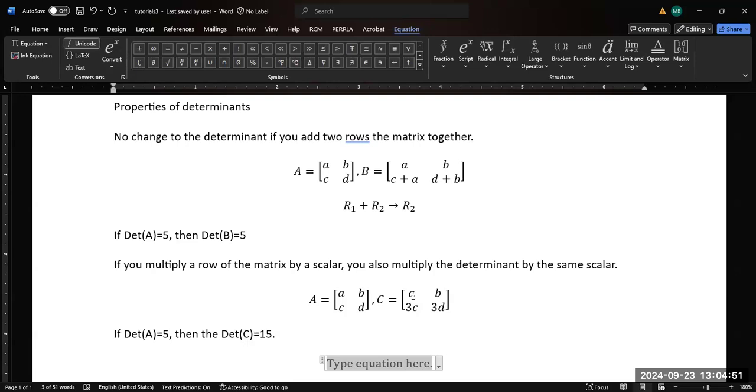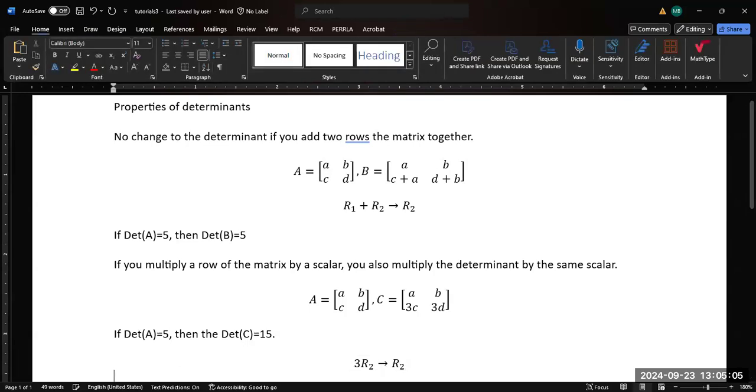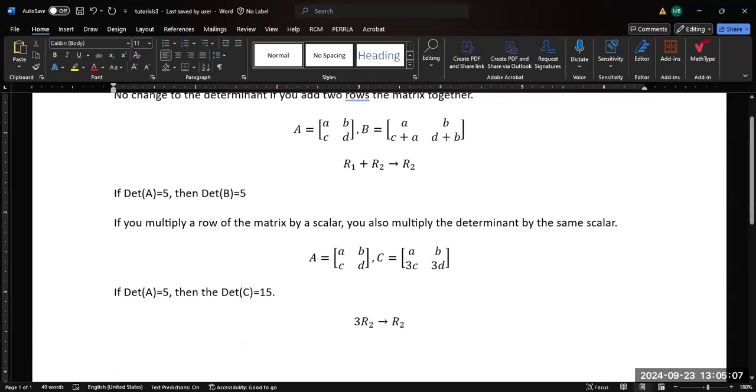So again, what is the row operation here? It's 3 row 2 goes to row 2. Now, when we combine these operations, it's going to matter where you do the multiplying and where you put your row operation back.